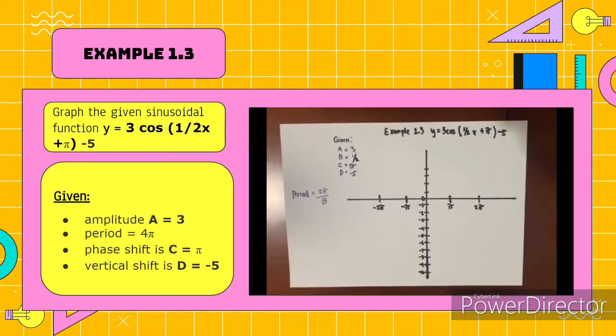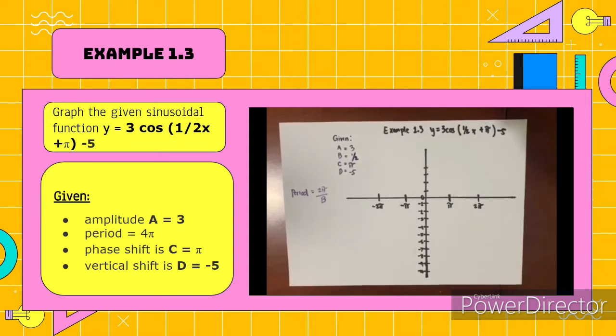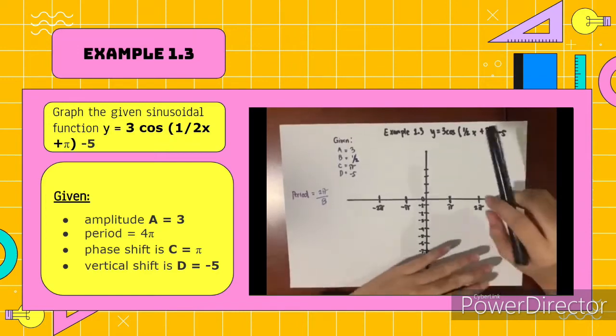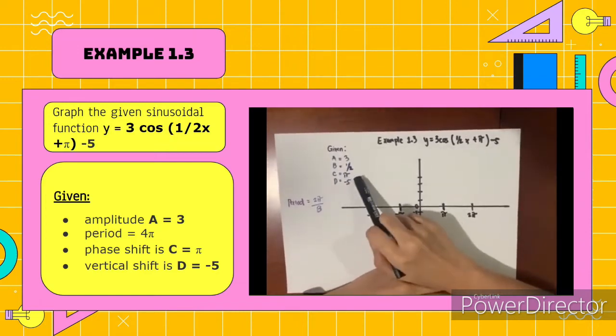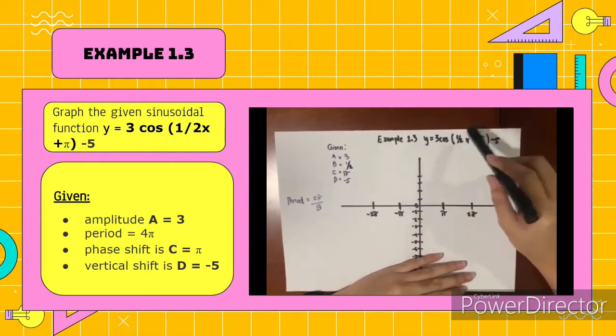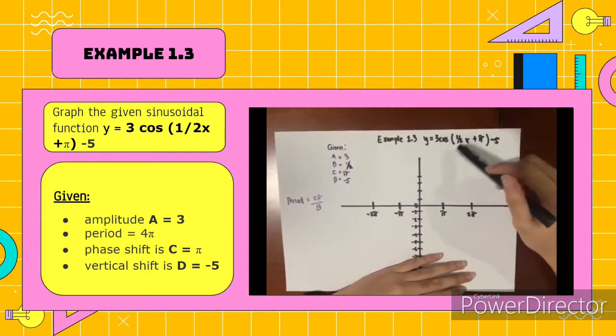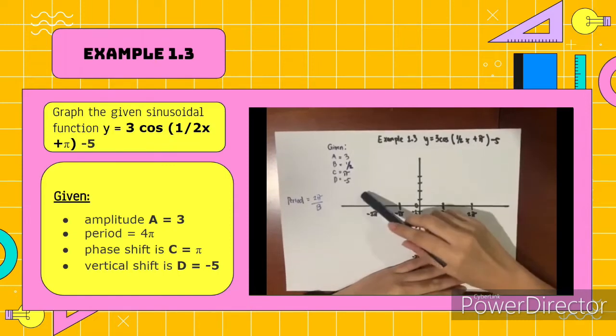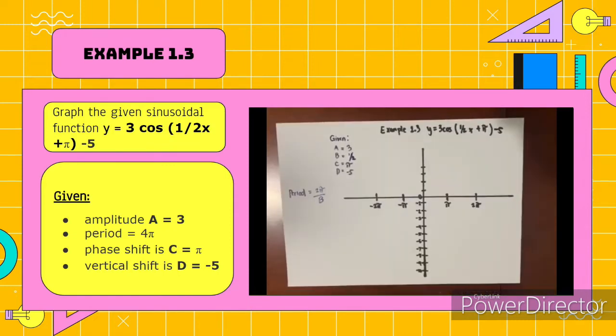Example 1.3. Graph the given sinusoidal function y is equal to 3 cos multiplied by the quantity of 1 half x plus pi minus 5. Example 1.3 is a cosine function. If you wonder why the value of b is 1 half: all the value before x is the value of b. Even if only x is given, the value of b is 1.